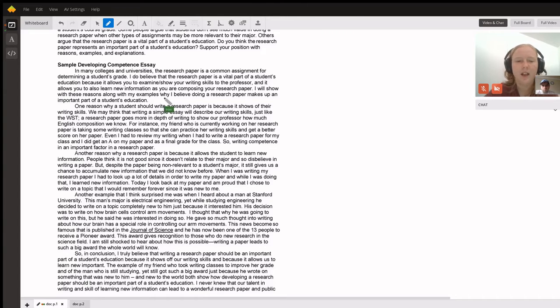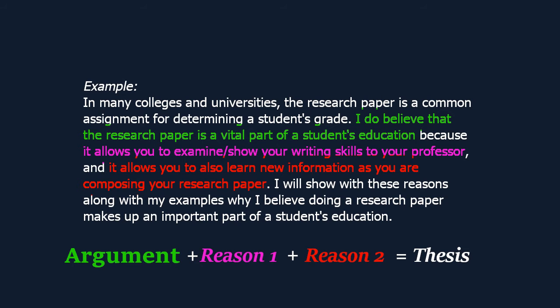I think actually sometimes you can have your thesis statement be 2 sentences. So your thesis statement should include your argument. I believe doing a research paper is important, but you also have to include this part. And then they give you the first reason here. It allows you to show your writing skills to your professor. And number two, it allows you to learn new information.